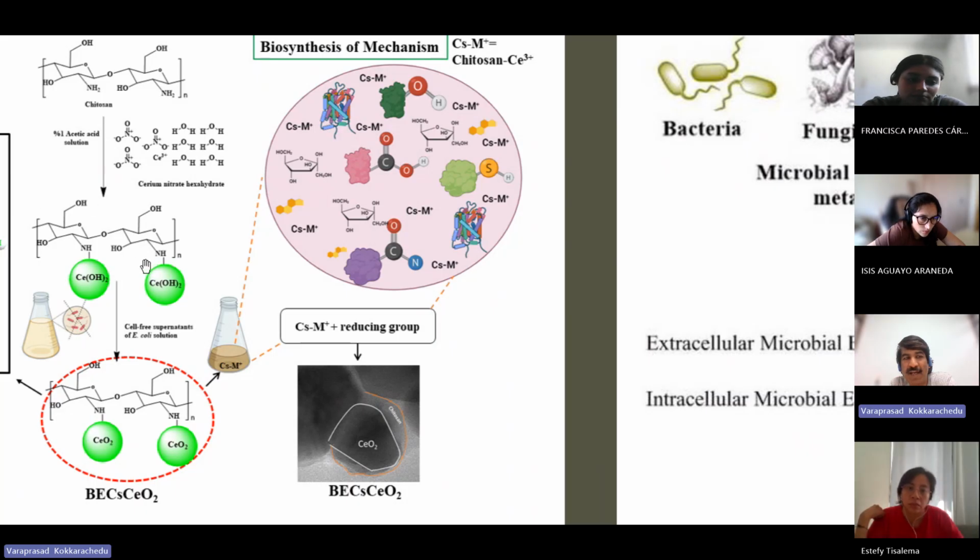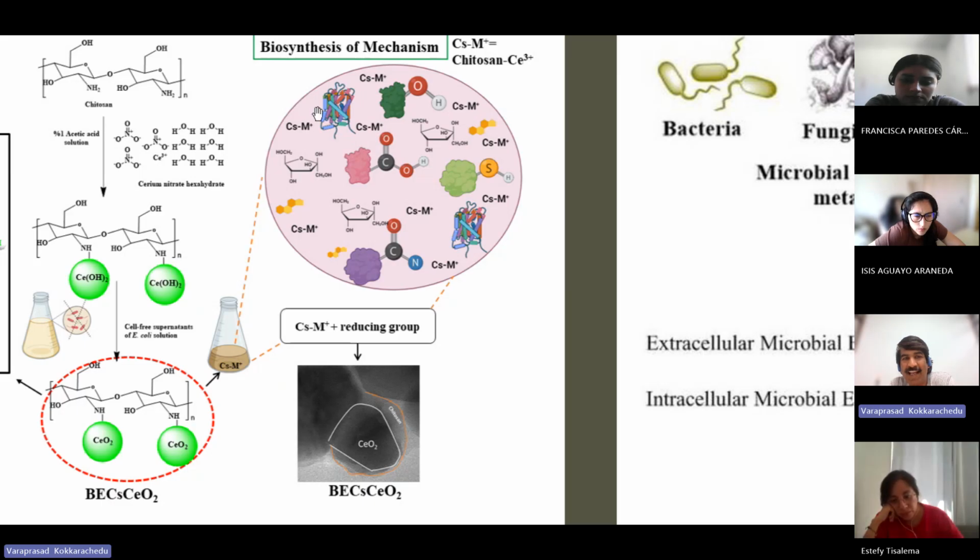When you add it, what will happen? They react with each other. They form cerium oxide, like Ce plus M, something like chitosan plus metal solution.